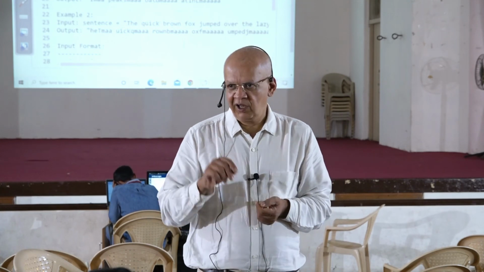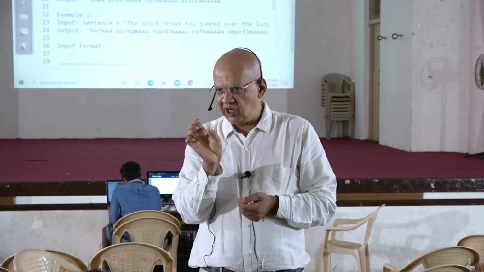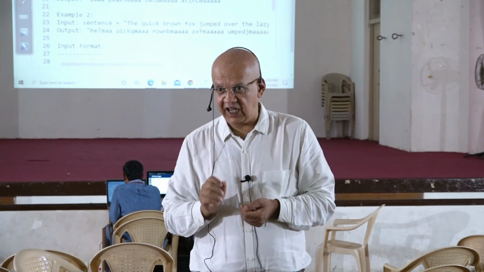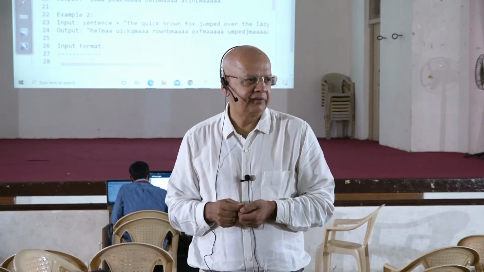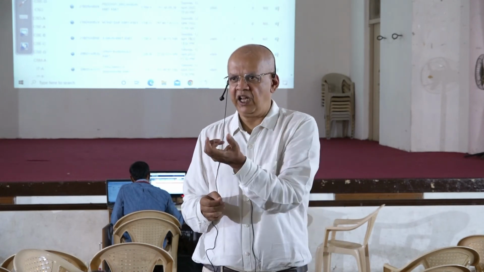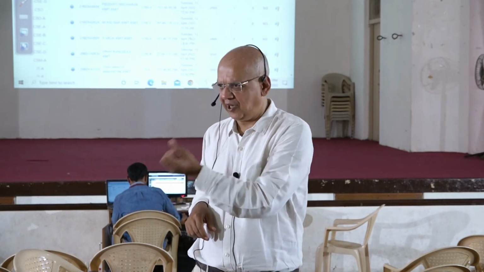Nothing much. You have to take that word which is there in SARR and add ma to it first. How do you add to any string? Each is a string. Just say plus. In Java, if you say plus, you will add ma to it. Ma got added.